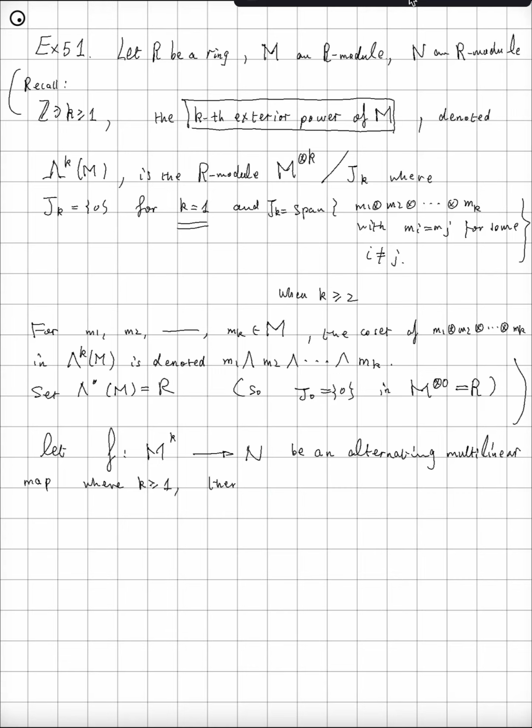There is a unique linear map, denoted by f tilde, from this exterior power of M to N such that we have a commutative diagram.